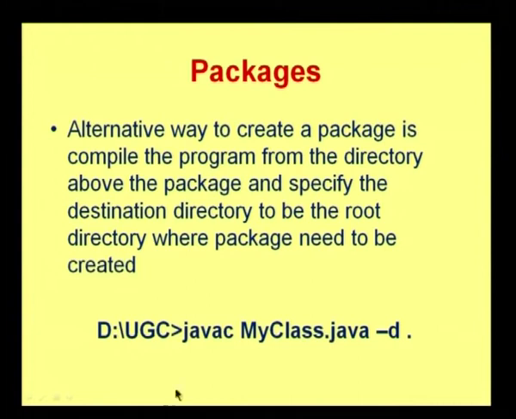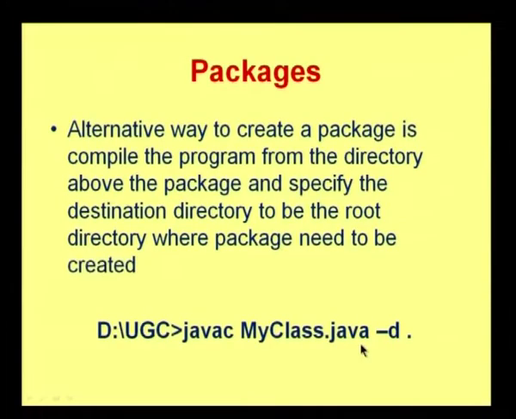Now here I compile my program by giving my class name .java and then -d. The -d stands for destination, and the dot specifies the root directory. Which package? The package with the name my package, because in the Java file I have given that as the first line of my code.